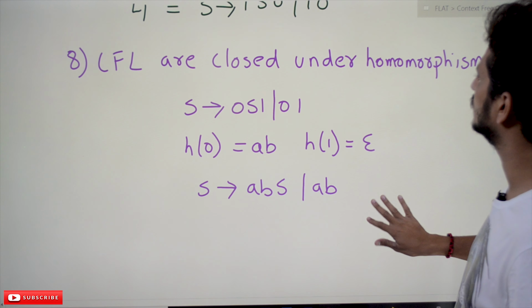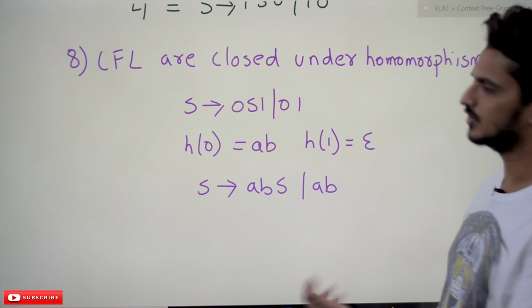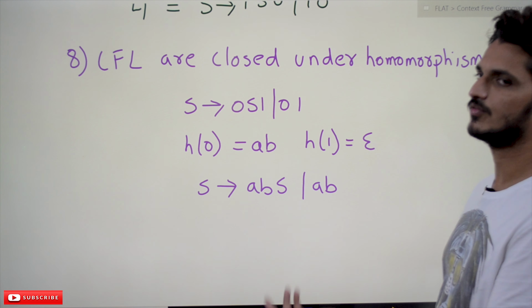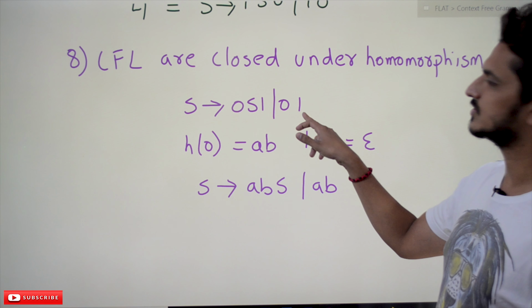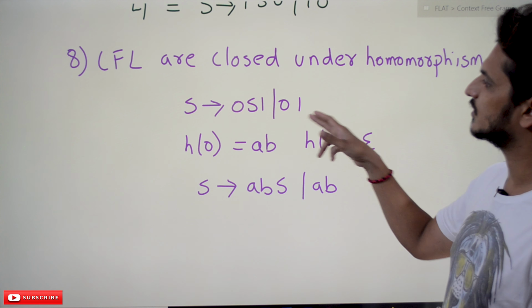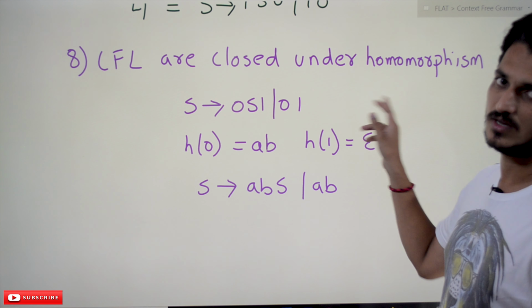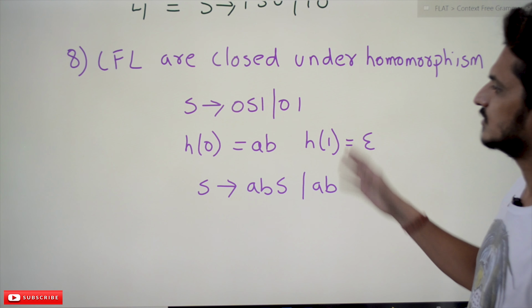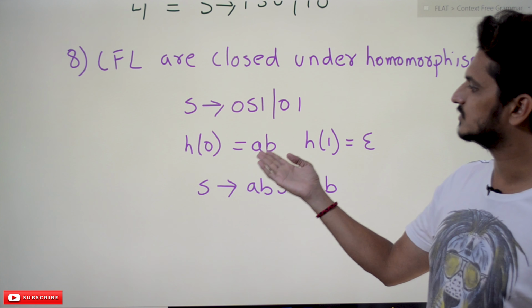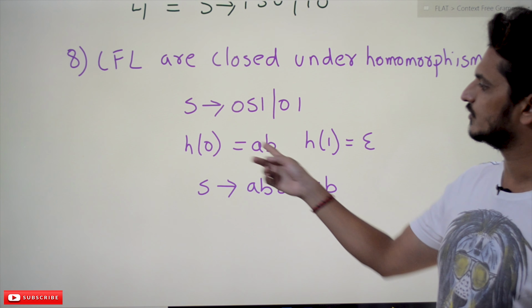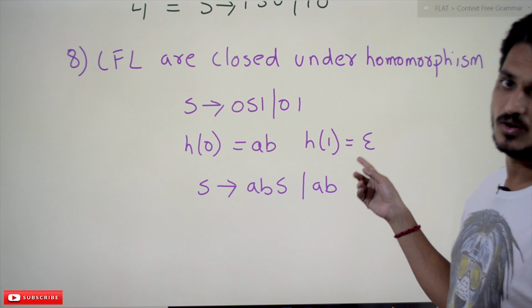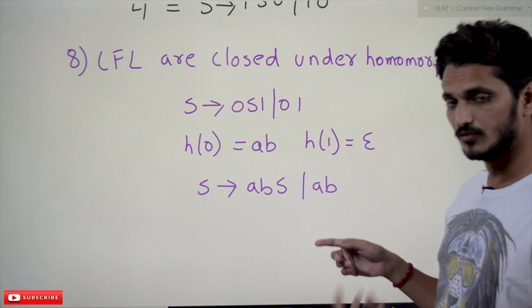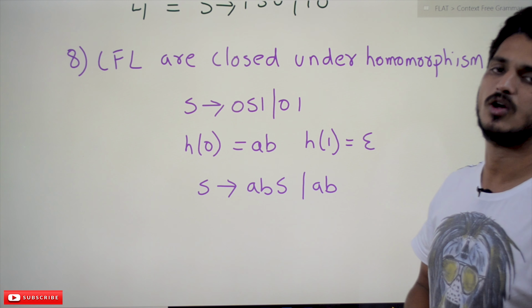Context-free languages are closed under homomorphism. It means you substitute some symbols in place of your input symbols. That is what homomorphism means. S tends to 0 S 1 or 0 1. This is the context-free grammar for 0 power n, 1 power n, where n greater than or equal to 1. If you want to substitute h of 0 equal to ab, and h of 1 equal to epsilon, and you substitute it, we'll get a context-free language.